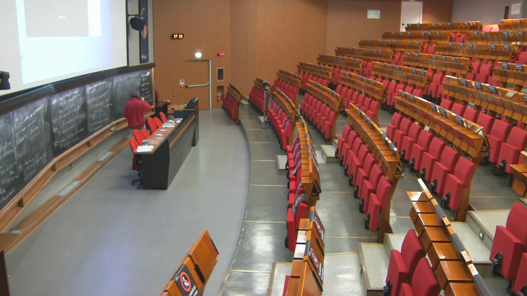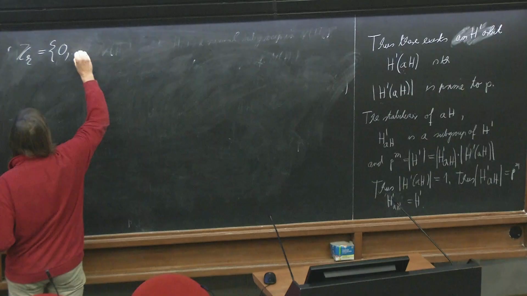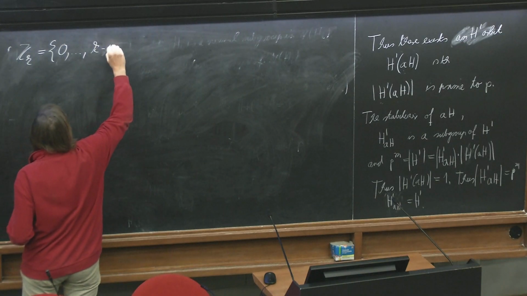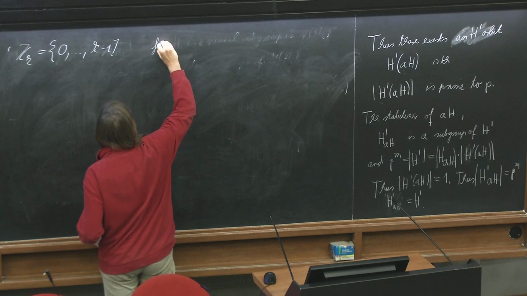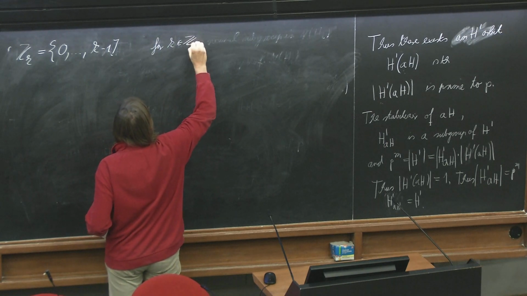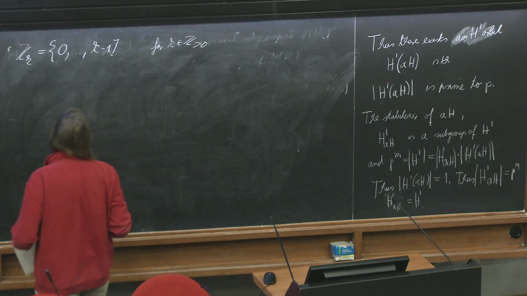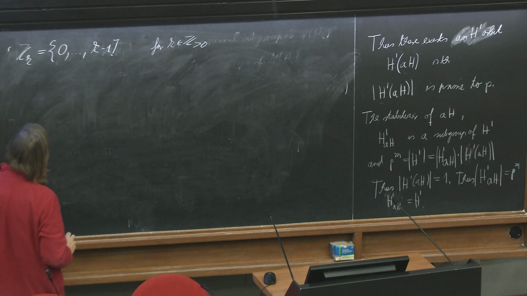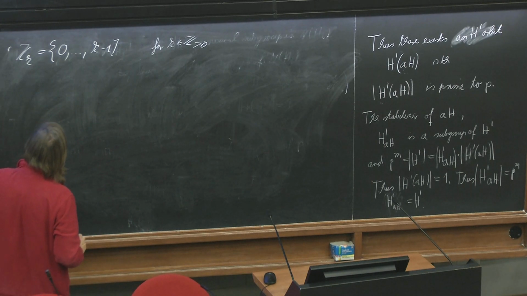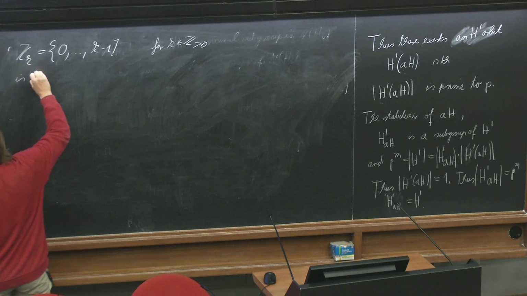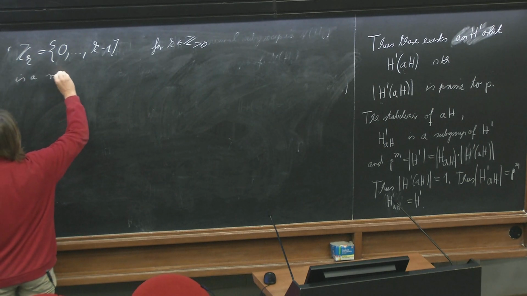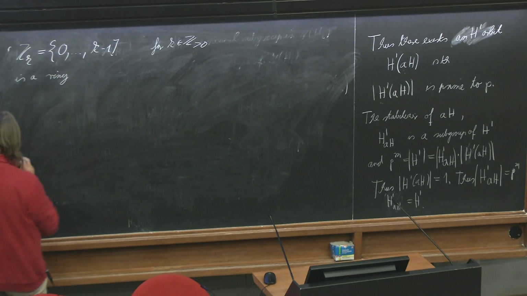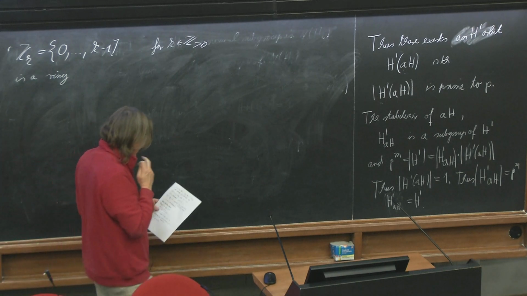So Z_k, the set 0, 1 to k minus 1, for k in Z, is a ring.